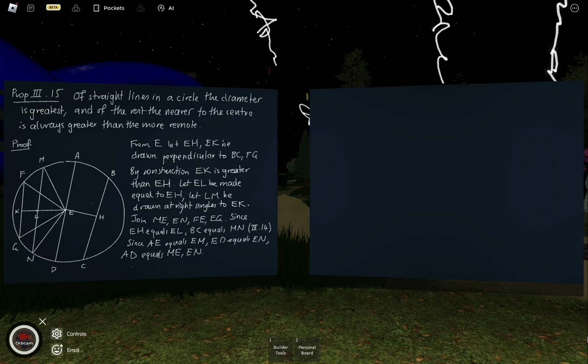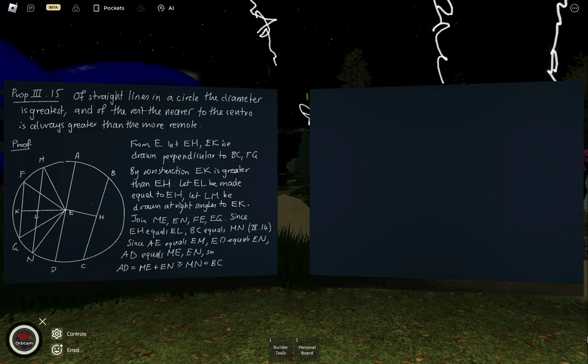But ME plus EN are greater than MN by proposition 20 of book 1, and MN is equal to BC. So I'll just write it like this. So that is greater than or equal to MN, and MN is equal to BC. So that shows that AD is greater than or equal to BC.